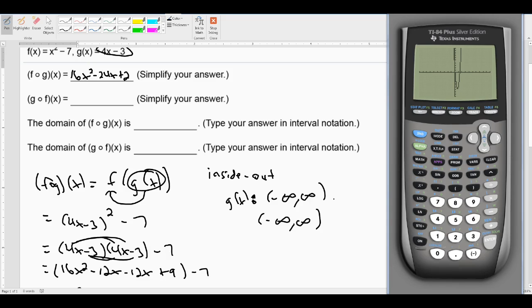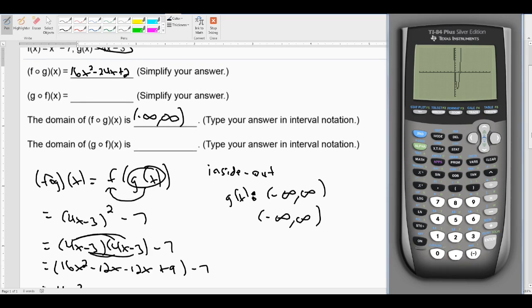Now, the actual domain of f op g of x is what these two have in common. And as you can tell, they're the exact same thing, so it's negative infinity to positive infinity. And that's it. That's what you're doing.